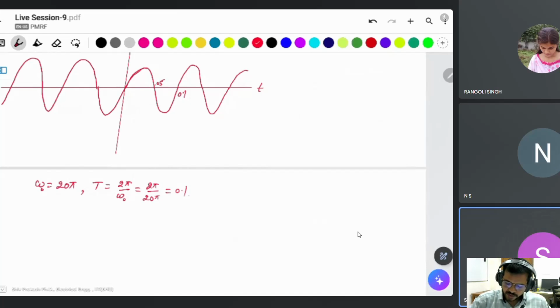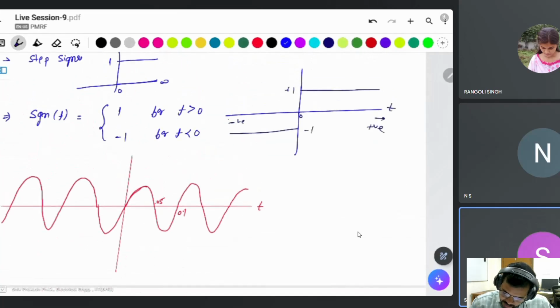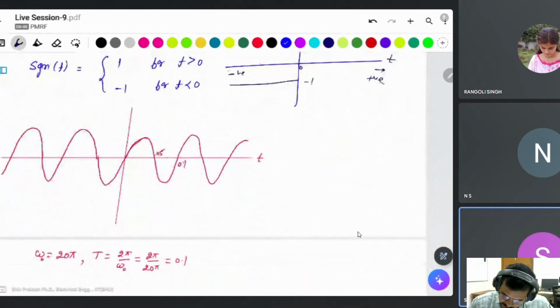Okay. Where this whole function is positive, the signum function is plus 1. If there is a negative, the signum function will be minus 1. It will look like minus 1 for this interval, then plus 1.